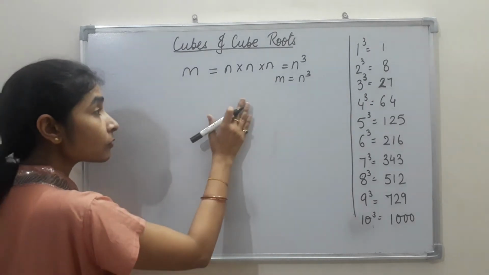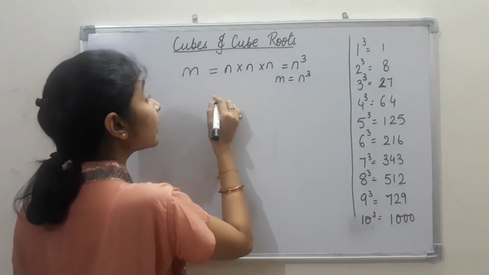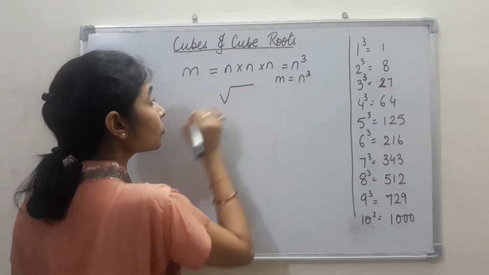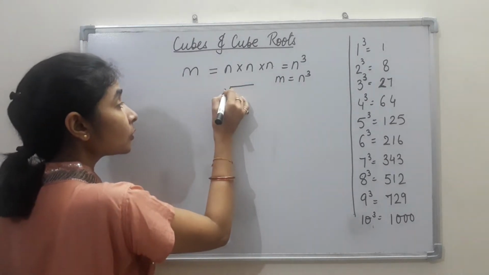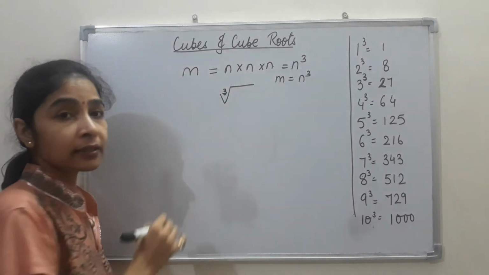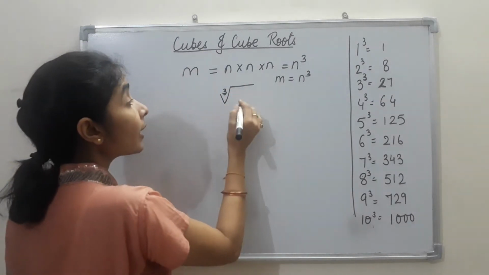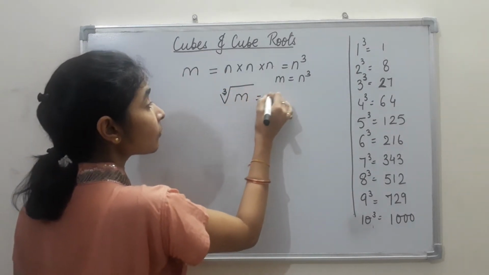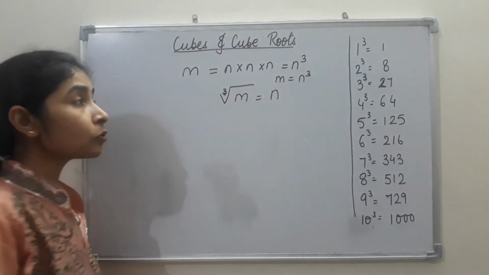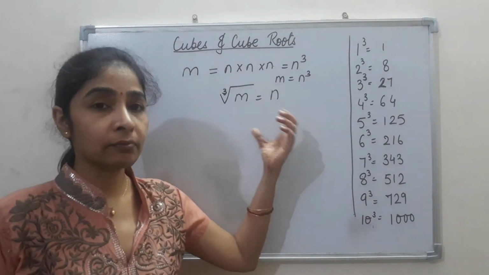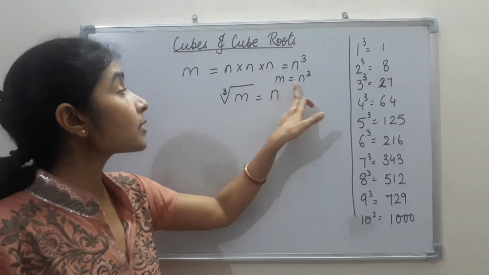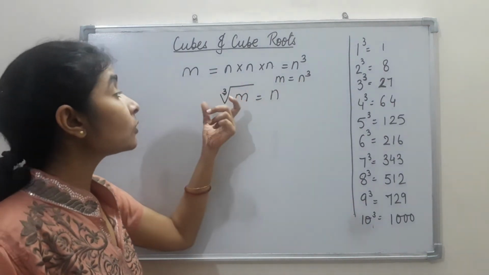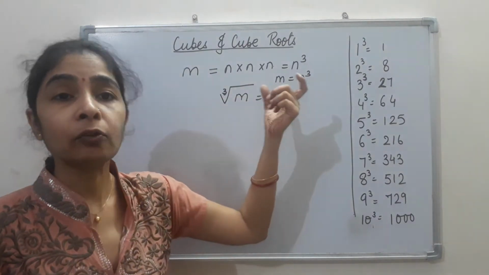Here also we can write in the same manner that the cube root, represented as a radical sign with 3 inside it, of m is equal to n. So the two things give the same meaning, but they are written in a different manner: m is equal to n cube and cube root of m is equal to n.